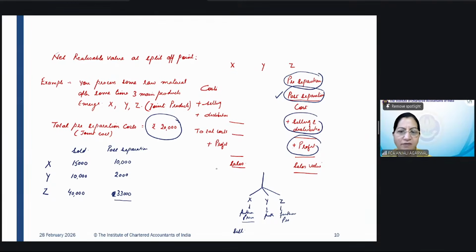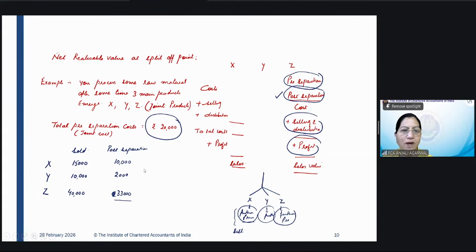And once they got split into X, Y, Z, you further processed them. How much cost you incurred in further processing is given as 10, 2, and 3. Sales value is given. The expenses you have incurred after the split off point are also given.